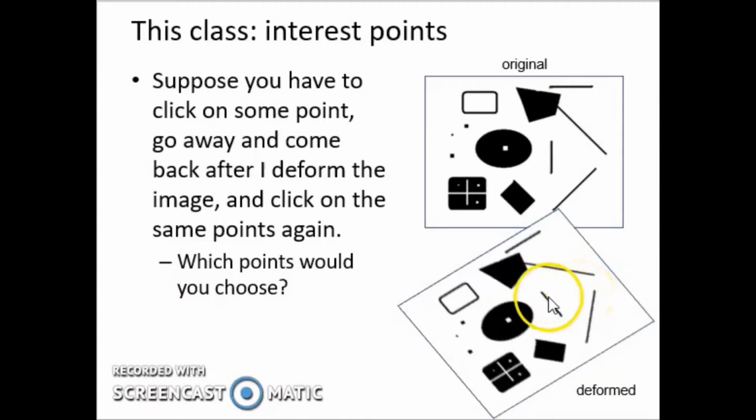In this case, let us assume that we have clicked at this particular point, and then once we come back after some time, we want to continue and try to identify the same point over here. Well, practically that would not be possible, and this is why we would never call it an interest point. On the other hand, if we click in the original image at this particular location, it is easy for us to identify the same point in this image.